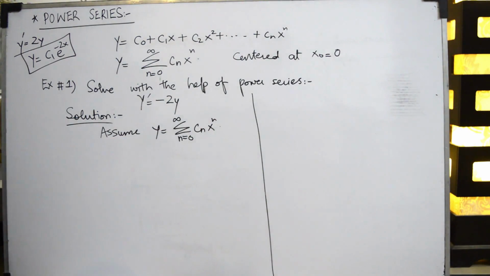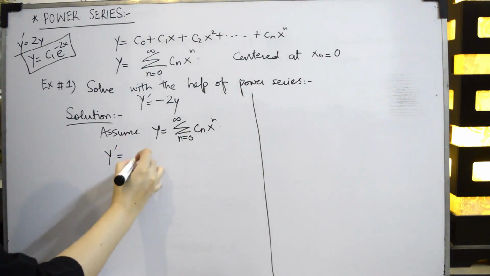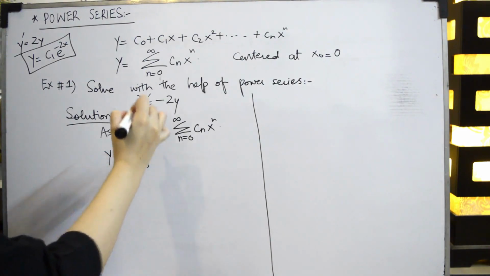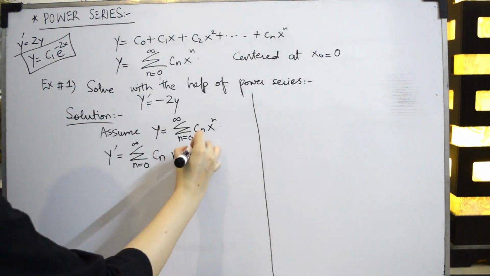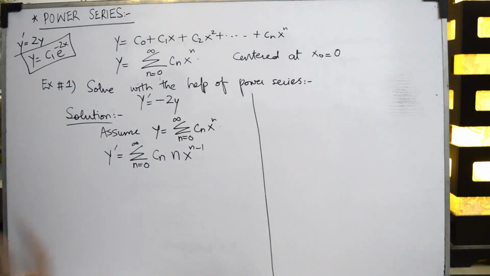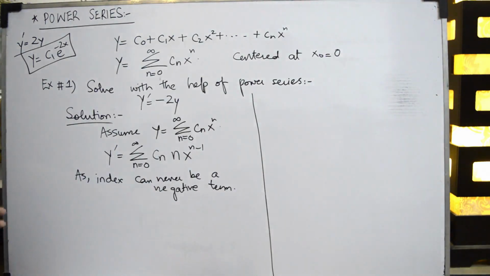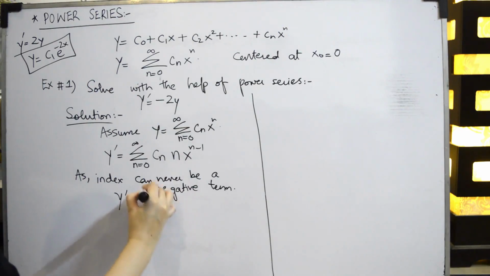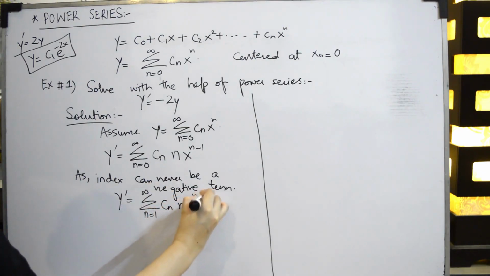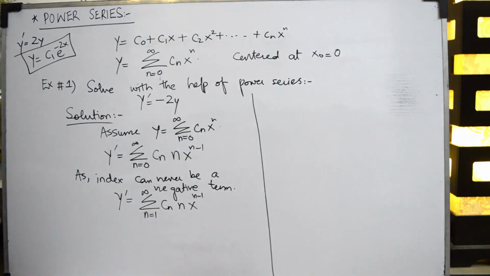Applying the first derivative, y dash equals sum of cn times n x to the power n minus 1, since cn is a constant and the differential operator affects only the x term, by the power rule. The index can never be negative, so we start the first derivative from n equals 1: y dash equals summation n equals 1 to infinity cn n x to the power n minus 1.